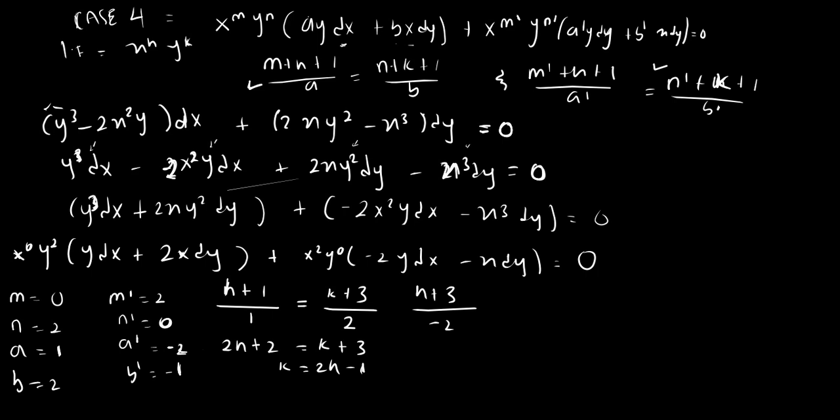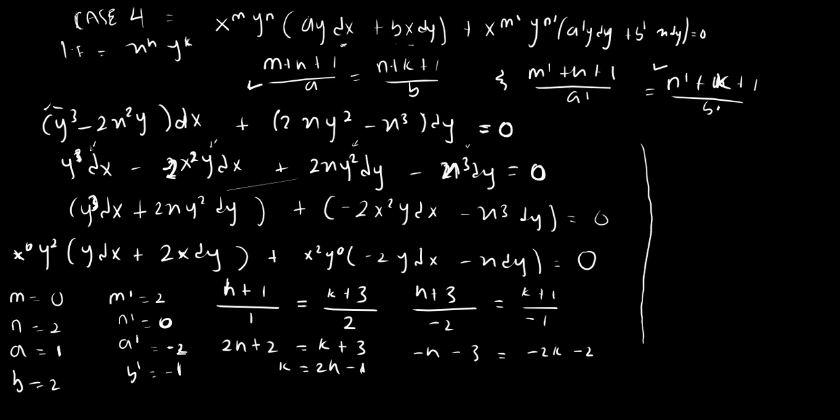Negative 2, and then it's going to be equal to n prime, which is 0, so we're going to have k plus 1 over negative 1, and then we're going to have negative h minus 3 is equal to negative 2k minus 2.